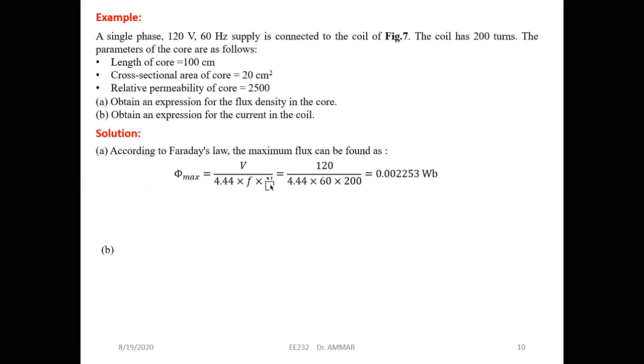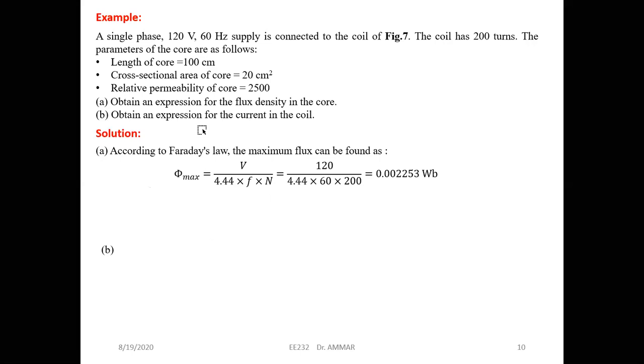And all of these are given. F is 60 and N is 200. So the maximum flux equals 120 over 4.44 times 60 times 200, and it's equal to 0.002253. So this is the expression of the maximum flux.